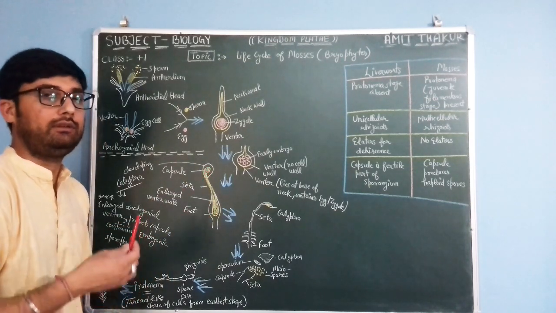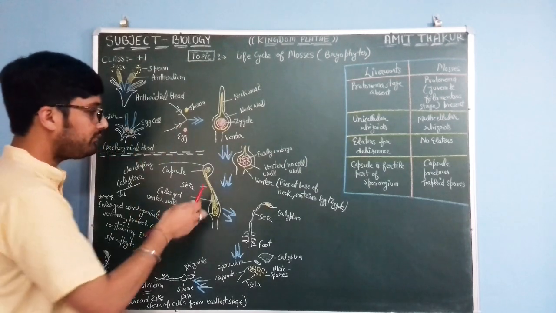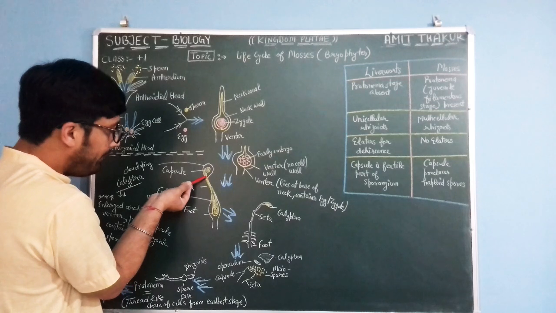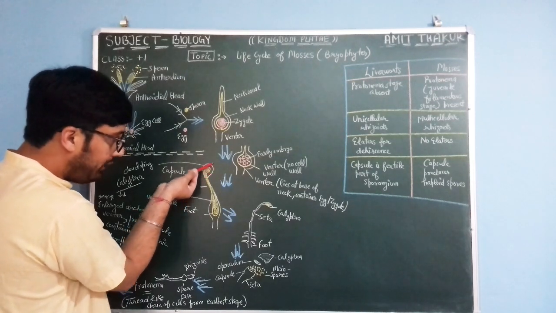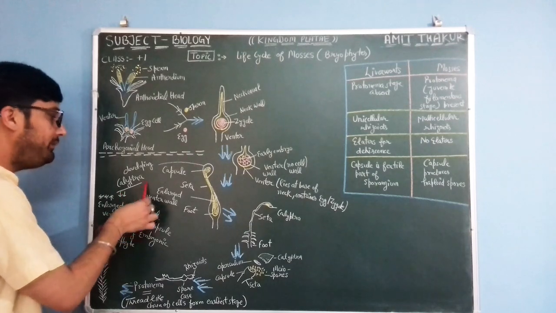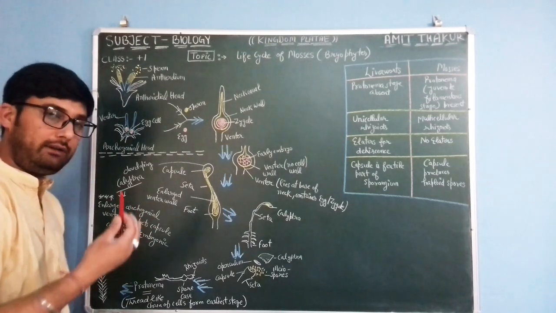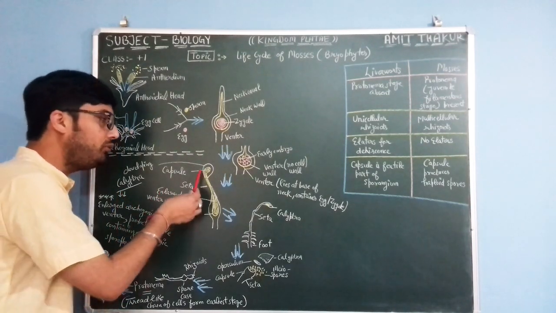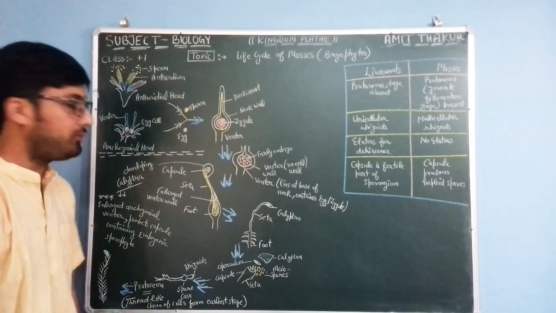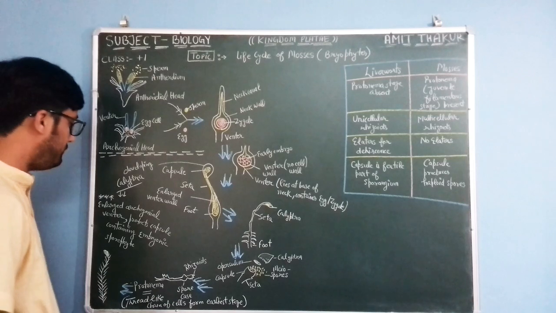Capsule protects the embryonic part, and this capsule is further protected by another structure known as calyptra. This calyptra structure is protective in nature and protects capsule or head part of this germinating embryo.